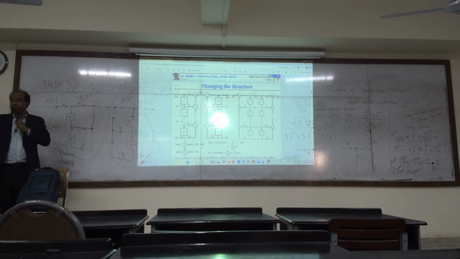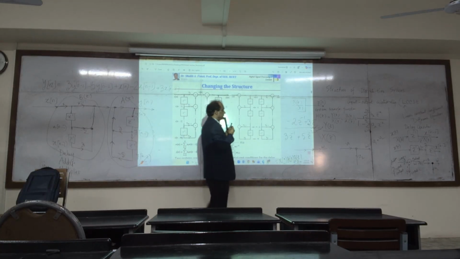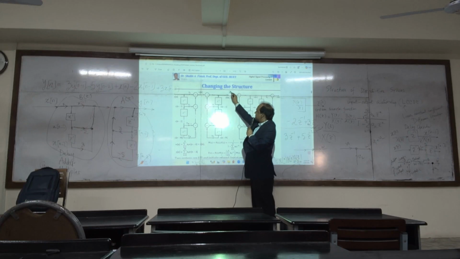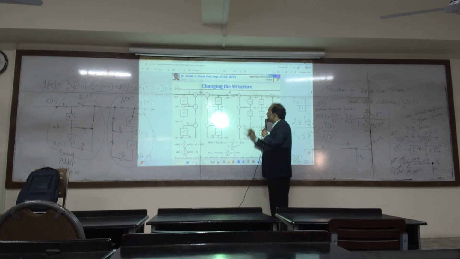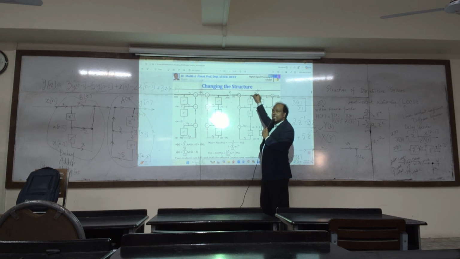What is happening with your input here? Carefully check. This is your X coming here, X. And something is coming here. They are denoting this as W. So if this is W, is this an adder or connector?